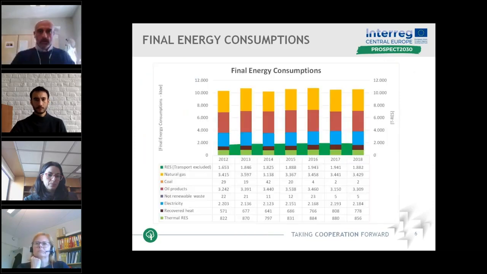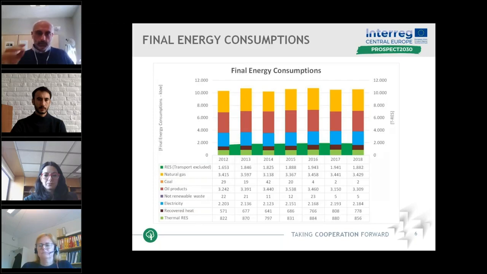And if we have a look at what is happening in the last few years, we should say that not much is happening, since we are facing a period where the energy consumption is quite stable at more than 10 million tonnes of oil equivalent. As I said, a big share is natural gas, but we also still have quite a large amount of oil products used mainly in the transport sector, of course.